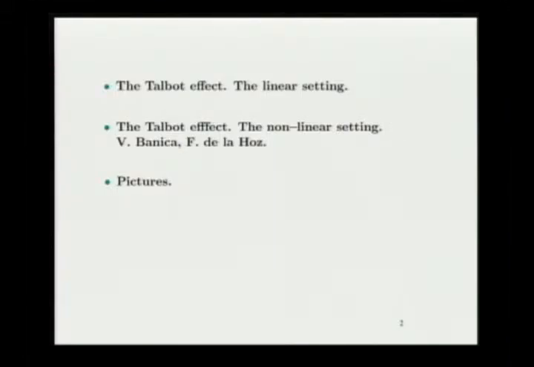And the idea is to try to answer the following question, which is, has the Talbot effect anything to do with turbulence? Okay, so I guess at some point I will have to tell you what is the Talbot effect. That is the first part of the talk. And what is not clear at all, at least not to me, is what turbulence is.